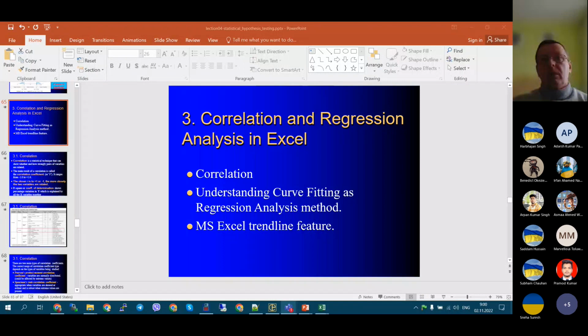So, good morning again. Today we continue the topic related to medical informatics and biostatistics. Right now, I'm going to finalize the materials related to topic 4, which is about biostatistics and hypothesis testing.